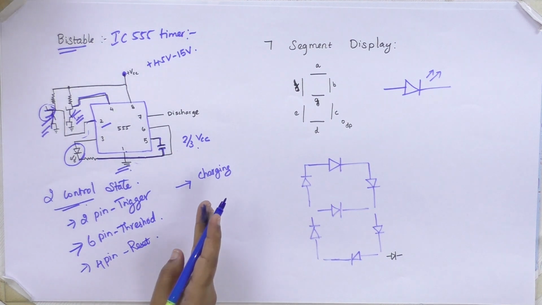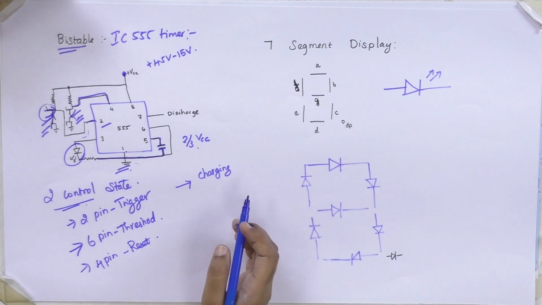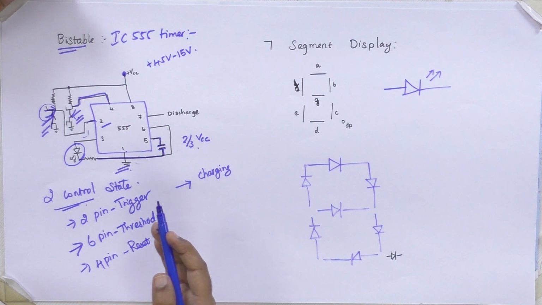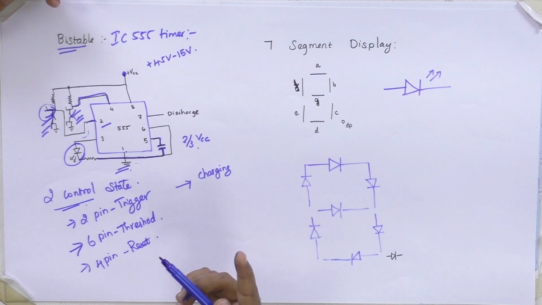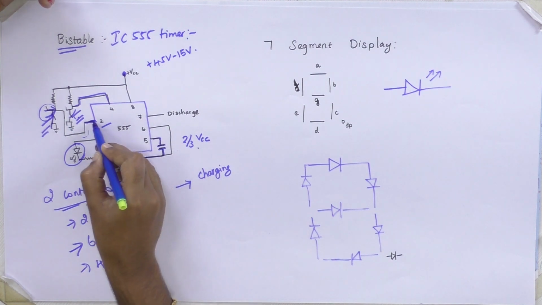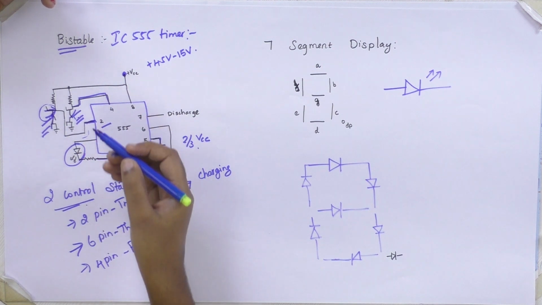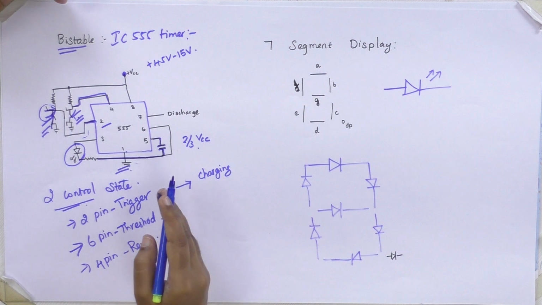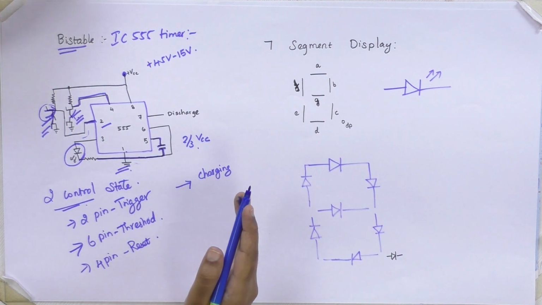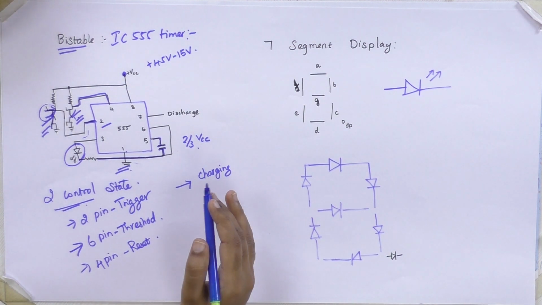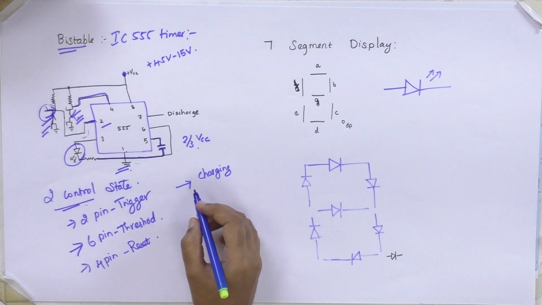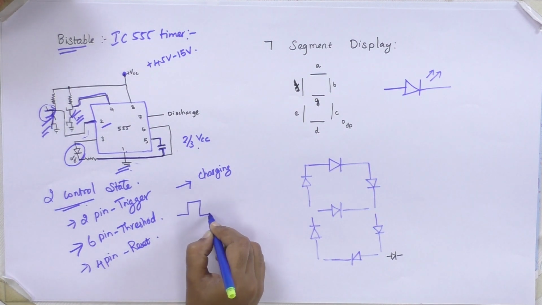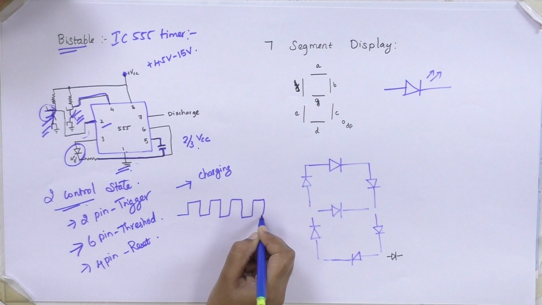In astable state, there will be no controlling external voltage. In monostable state, there is only one control parameter, the voltage through the trigger pin. In the bistable, you will be supplying a control to the trigger and the reset pin. Once this condition is given, your timer will automatically operate for charging and discharging the capacitors.